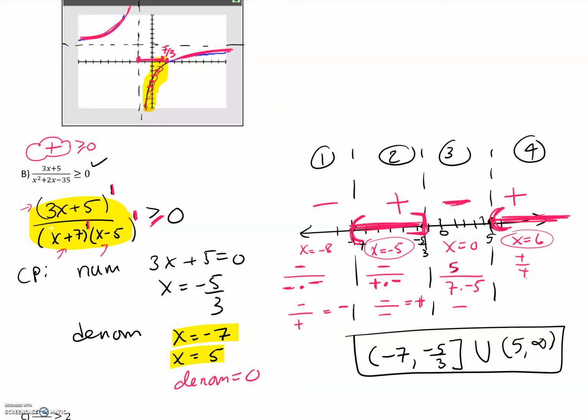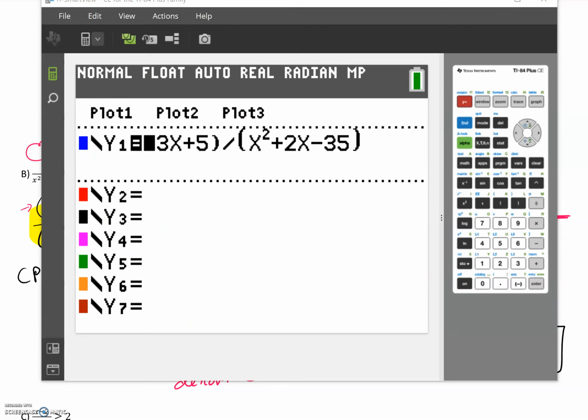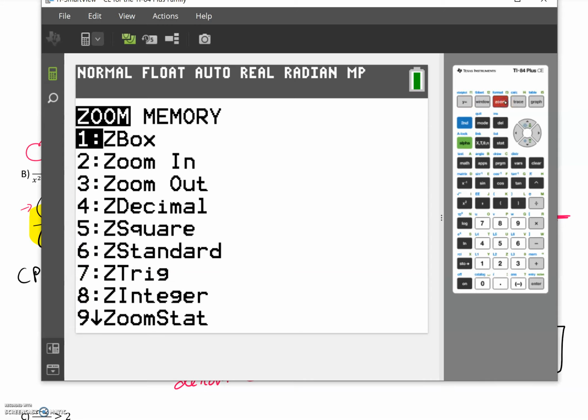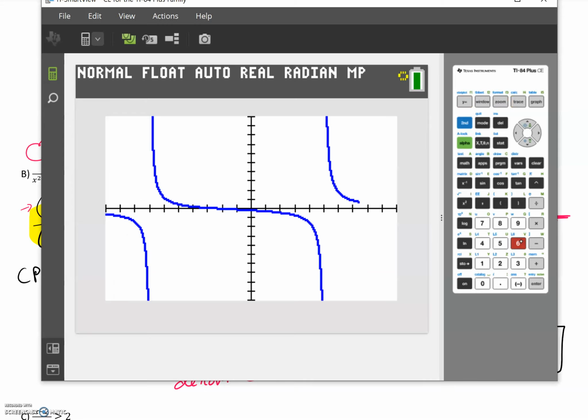And I will go look at the graph of this on our TI to make sure that those are the places where this rational function remains positive. All right, so we have our rational function input into our y equals. Remember, parentheses around numerator and denominator. Then I'm going to do a Zoom 6. And there's my rational function with 2 vertical asymptotes, it appears, and 1 horizontal asymptote, which looks like the line y equals 0.